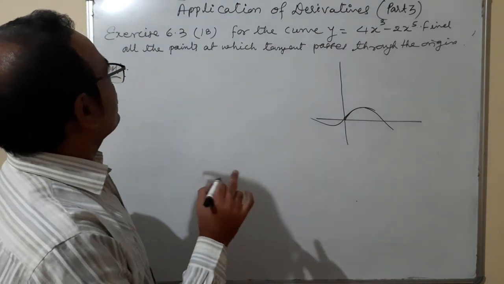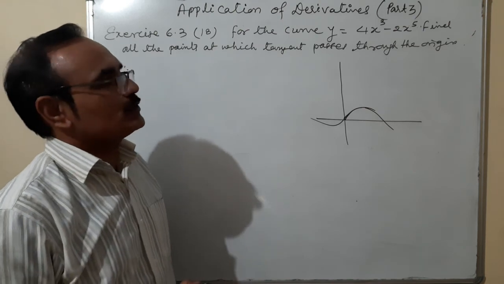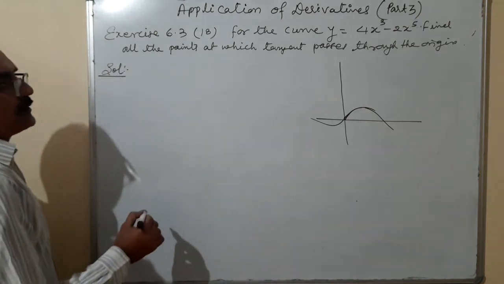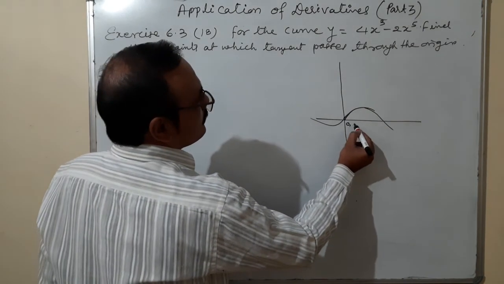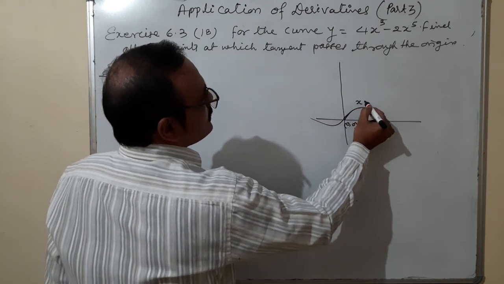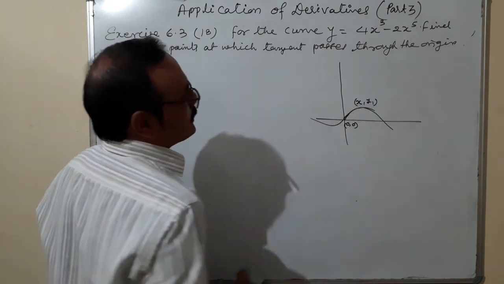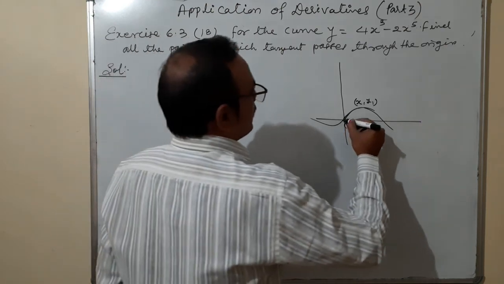They are asking to find all the points at which the tangent passes through the origin. So one point is 0, 0, and the second point I am taking somewhere, it is x1, y1. Many tangents are passing.